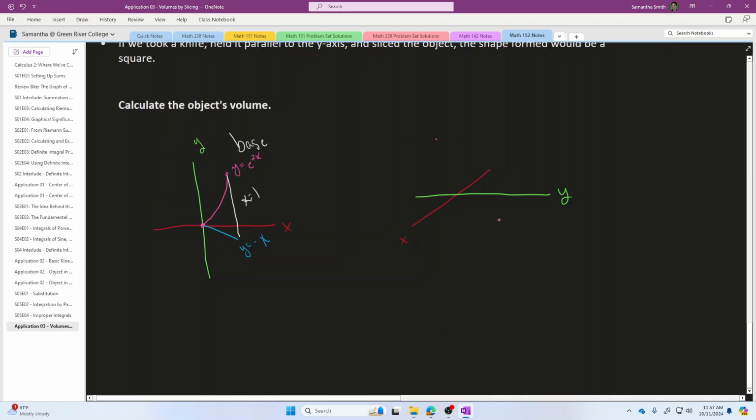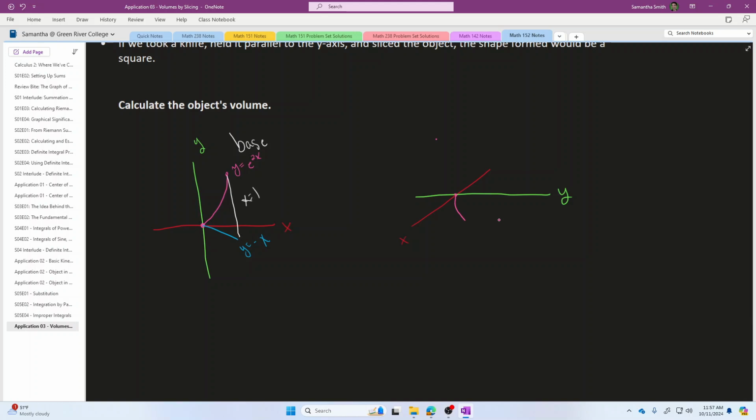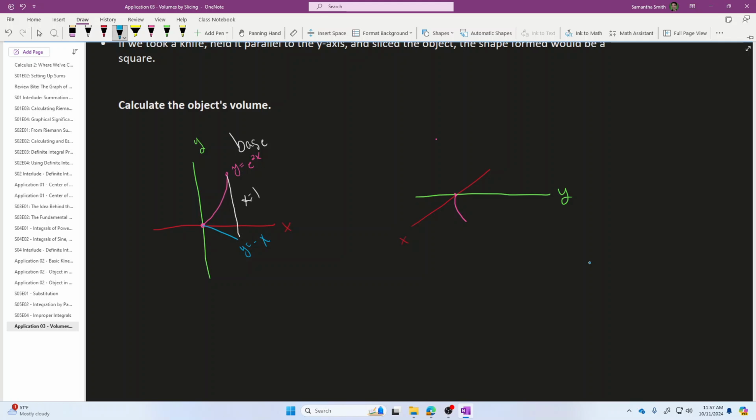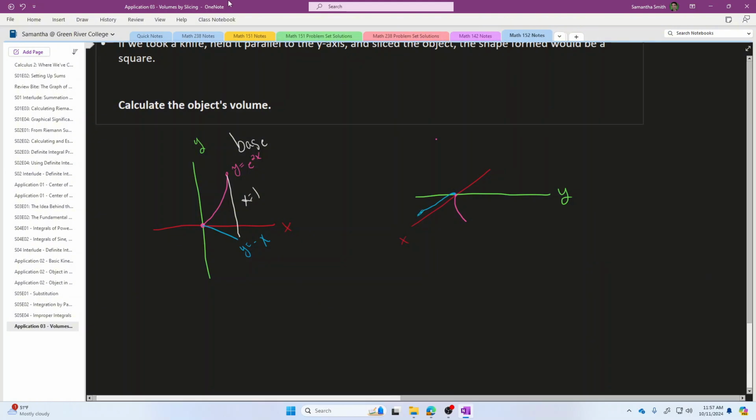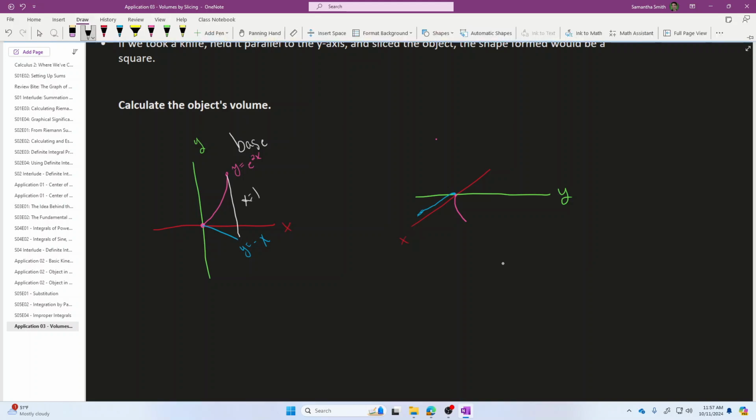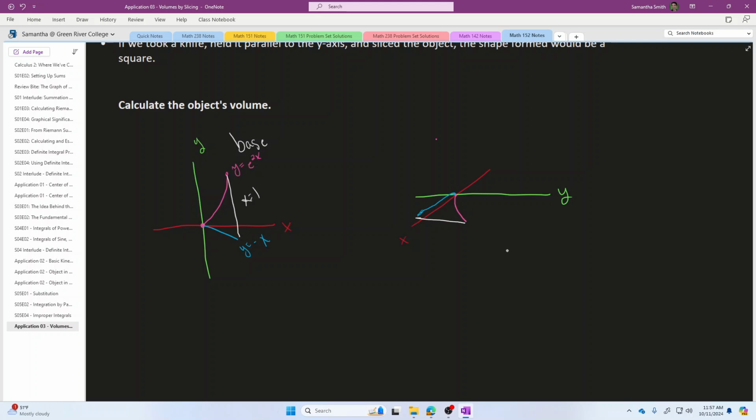So here is the curve coming out in the positive y and x directions. Here is the line coming down in the positive x and negative y direction. And here is the x value where we will stop. The x value where we will stop is x equals 1. It's this guy right here.